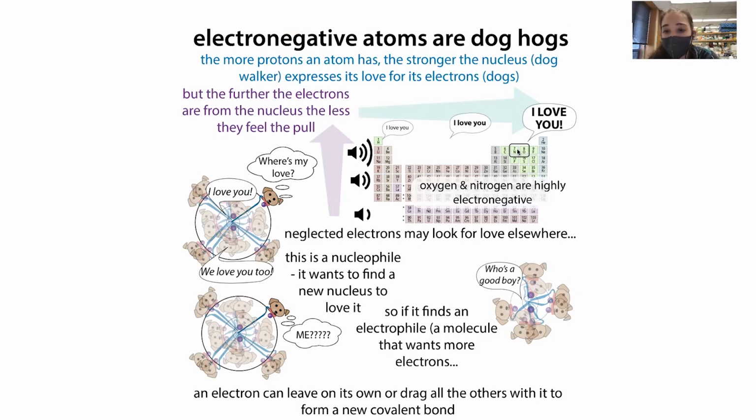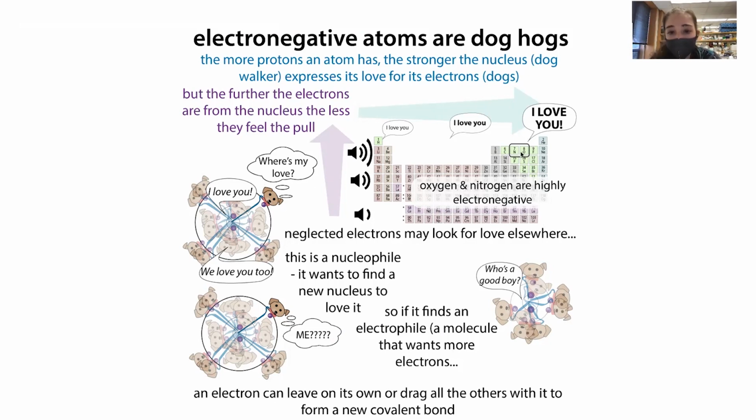Even though you're adding more protons as you go down, the effect of those protons is basically lost because of all the shielding from the inner shells, and the valence electrons are going to be farther away. So they're not going to feel the pull of all those extra protons you just added.